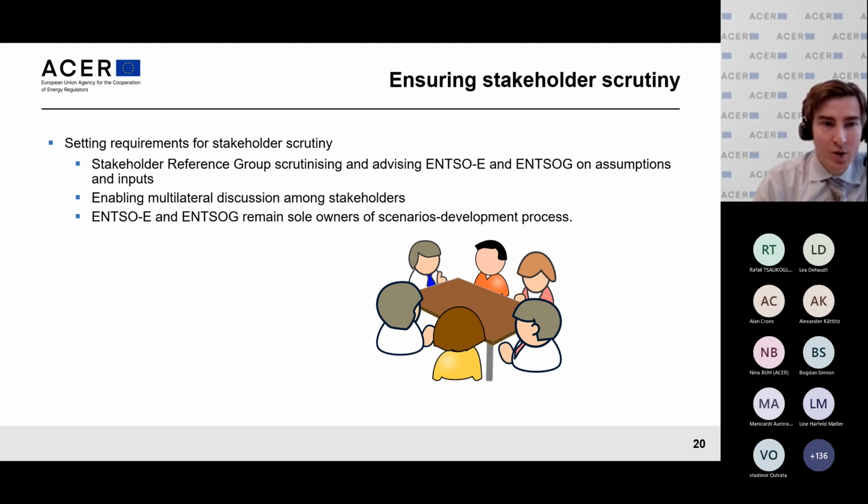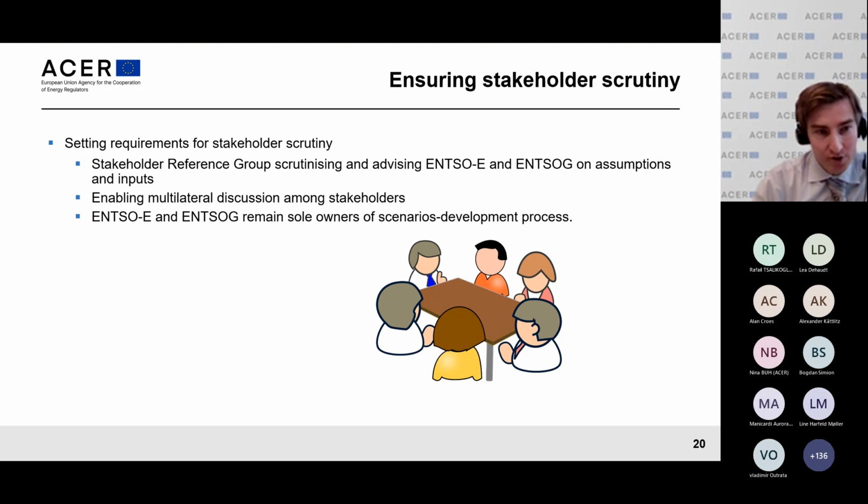This way, we want to allow a multilateral discussion among stakeholders, whereas so far we noticed that most stakeholder engagement was in a bilateral way. So you could communicate with NSOE and NSOC, but stakeholders would not necessarily discuss among each other.